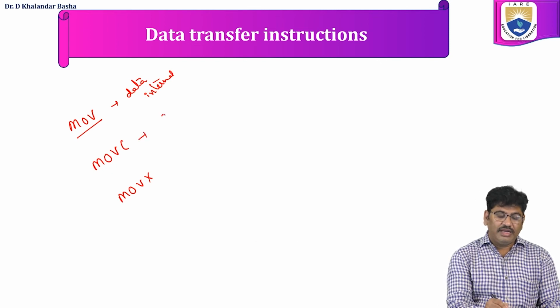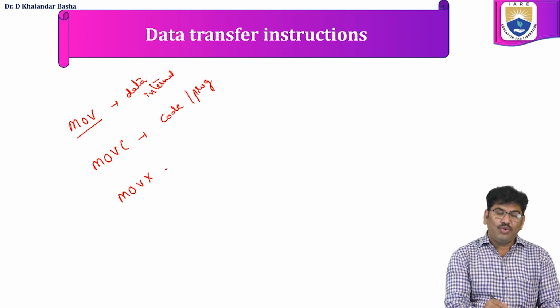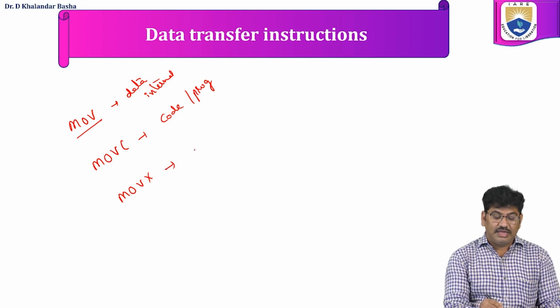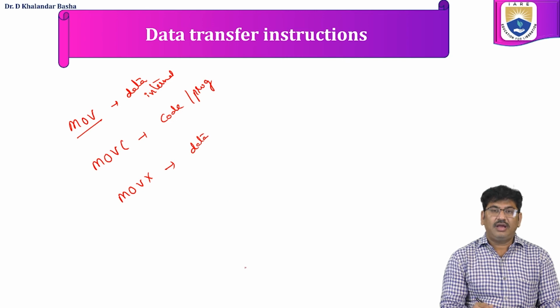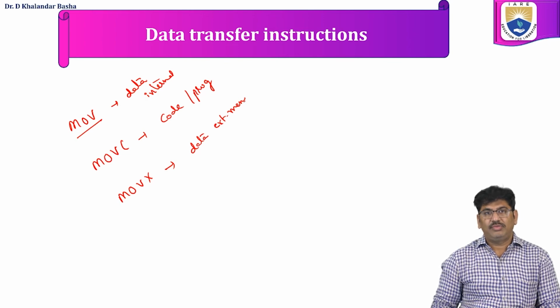MOVC is related to code or program; the data will be fetched from program memory. Whereas MOVX is to move data from the external memory into the accumulator, or accumulator to external memory.